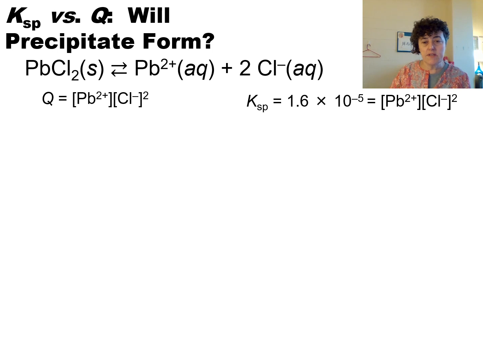Okay, so let's see an example of a question where you have to predict if you will have a precipitate or not. To do this, you need to calculate Q. So let's remember what Q is. We have been discussing the difference between Q and K in the general discussion about equilibrium. So it's a bit like having a thermostat in your house.